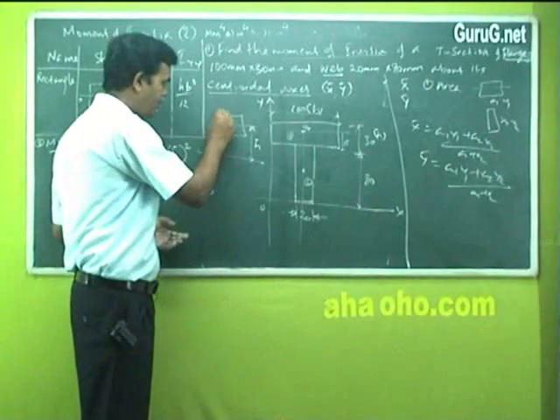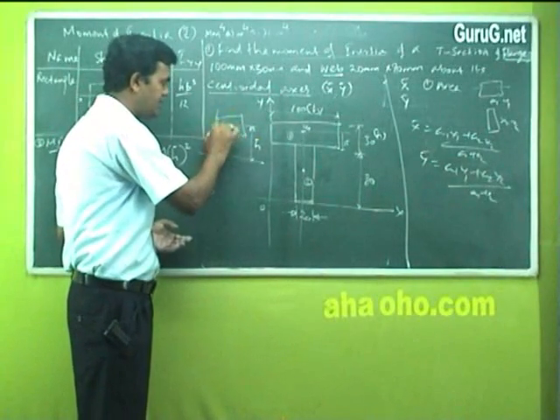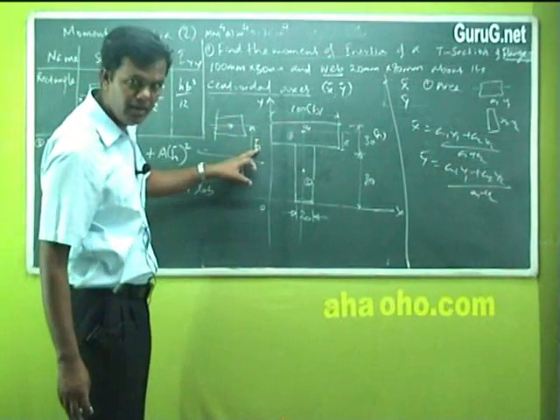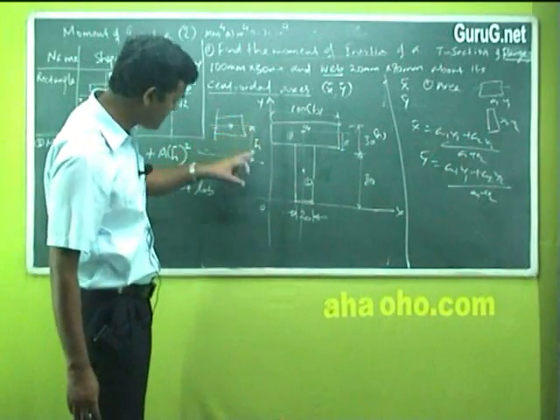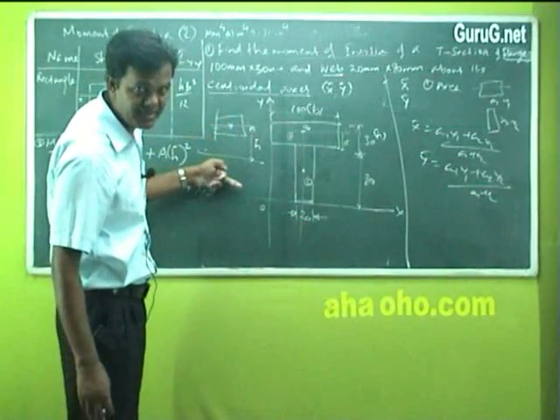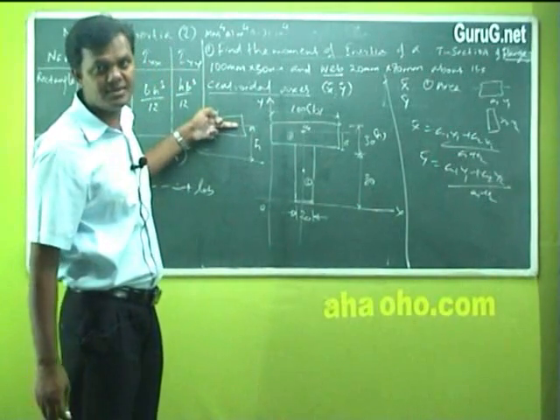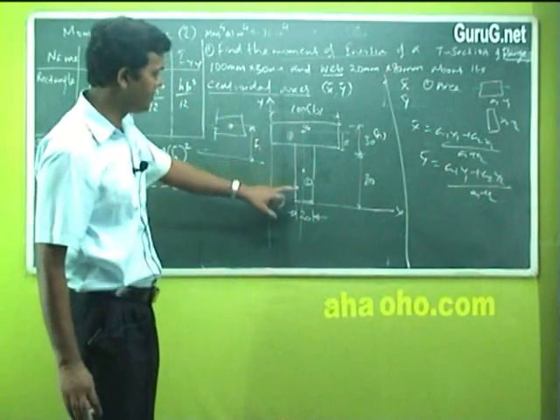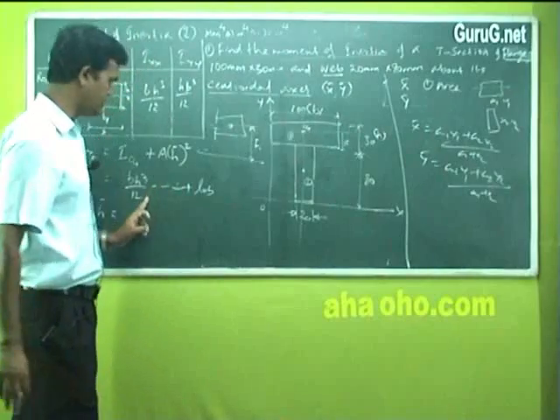Clear? Now when I travel from here, the center of this body itself will not become h bar. Not required. H bar is the distance of the other reference axis from the center axis of the particular body. Is it clear? So what is the value of this h bar now? To write it here, h bar.